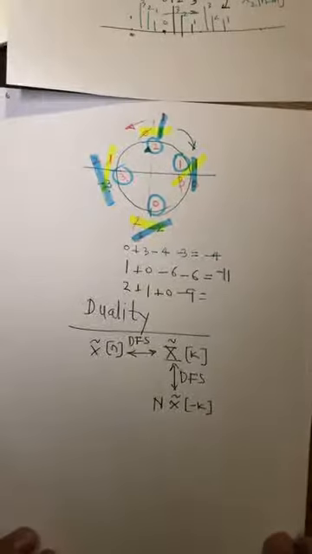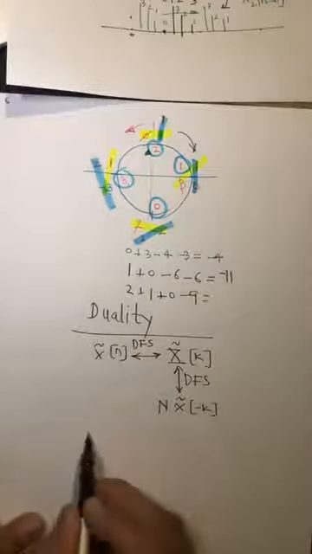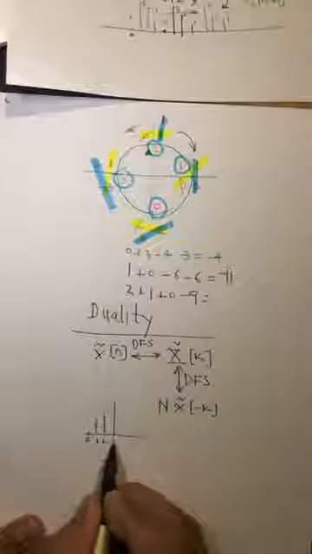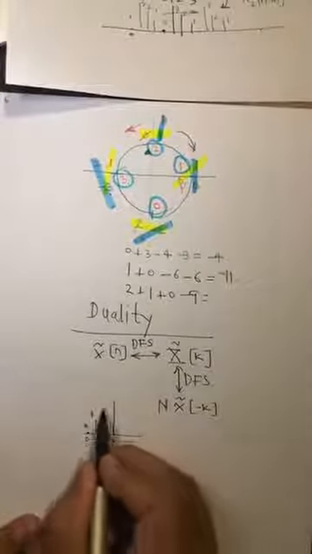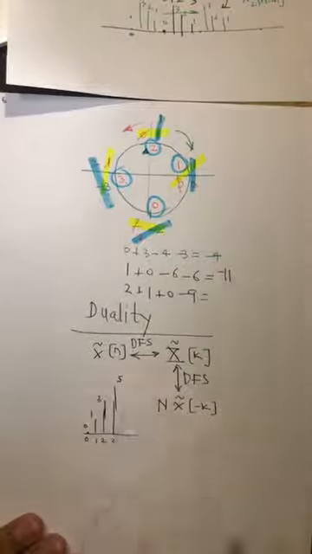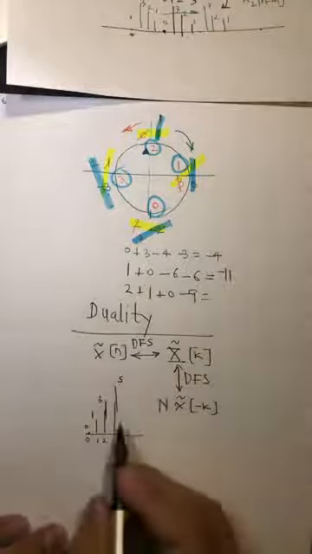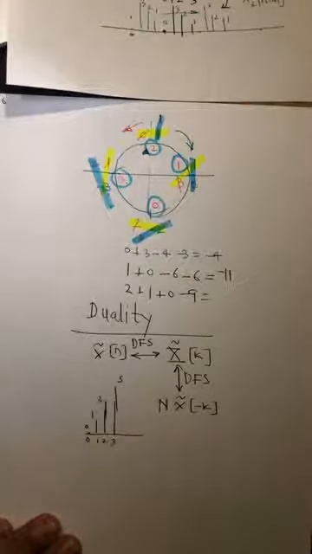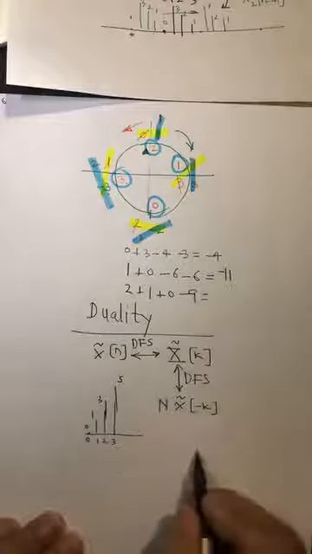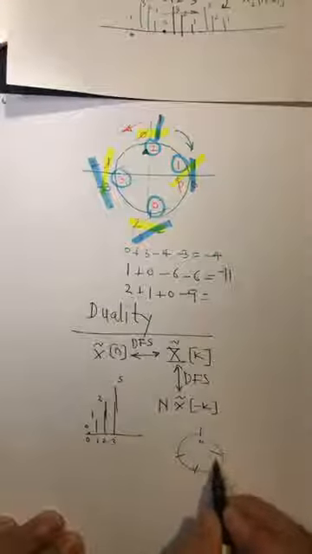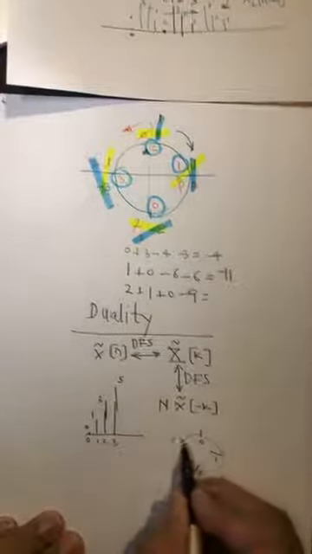Okay, for example, if I ask you that this is a periodic signal, 0, 1, 2, 3, 0, 1, 3, 5. Let's say this is what we have. And if I ask you to take its discrete Fourier series, whatever answer you get, again take discrete Fourier series, and then tell me what is the answer. So you got to flip it. So again, easier way of flipping it is you write it here 0, 1, 2, 3, 5.